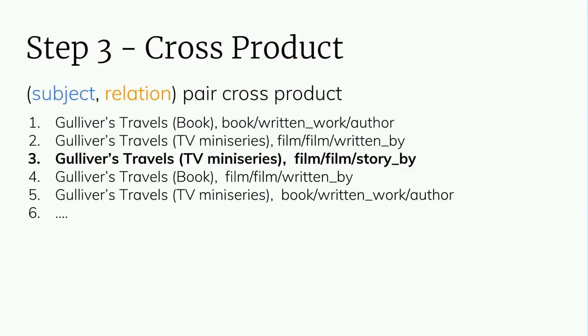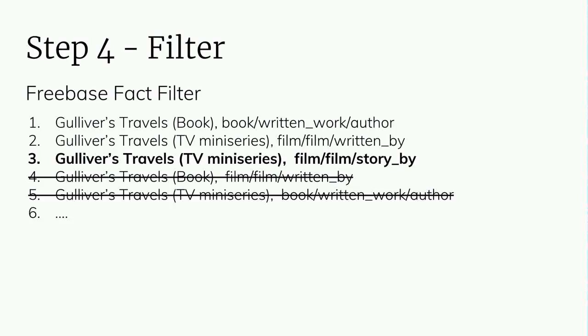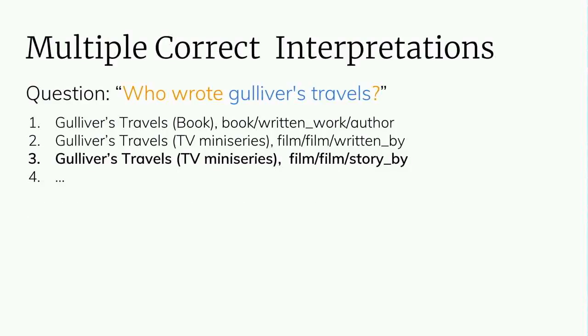We can take a cross product of these, and these are all possible interpretations of the question that we looked at before, though some of them don't make sense. For example, for Gulliver's Travels, the book, you wouldn't have the relation film. So we just filter on which ones we actually find in Freebase. And from that, we come up with a list of multiple correct interpretations of "who wrote Gulliver's Travels," for which we have equal linguistic evidence for each one of these being correct, yet we only have one ground truth example, which is number 3.